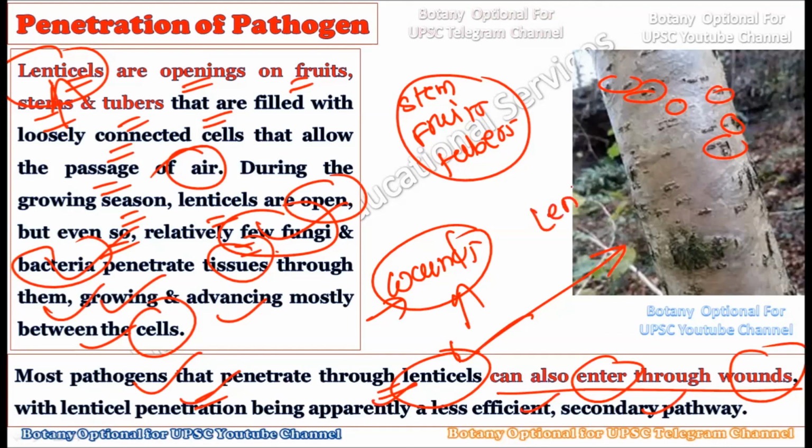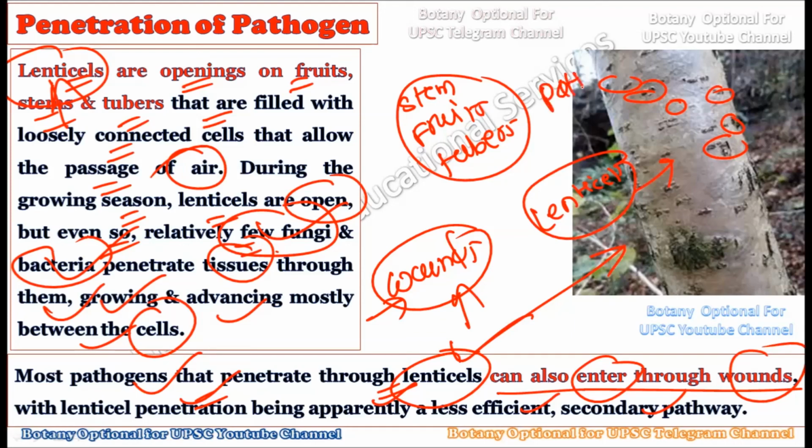So you can say the lenticel is the least preferred way to enter the plant body when compared with other methods like the stomata or the hydathodes, because the lenticels are not that easy to enter from. The stomata way of entering or the hydathode way of entering is easy when compared with that of the lenticels.